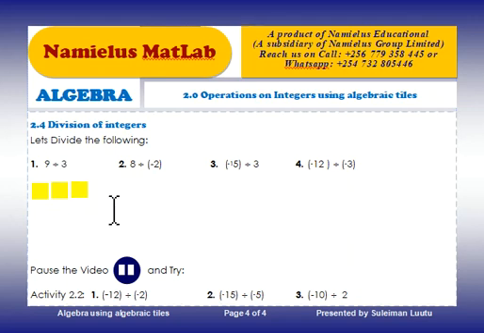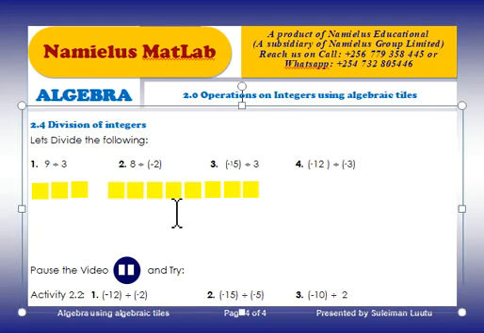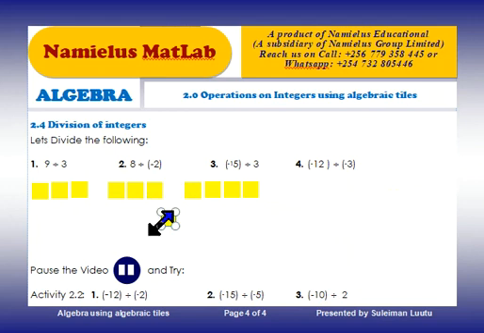Positive. Then when it comes to 8, let's see, positive 8. We have it here, but we divide it by 2. So we make groups of 2 out of 8.